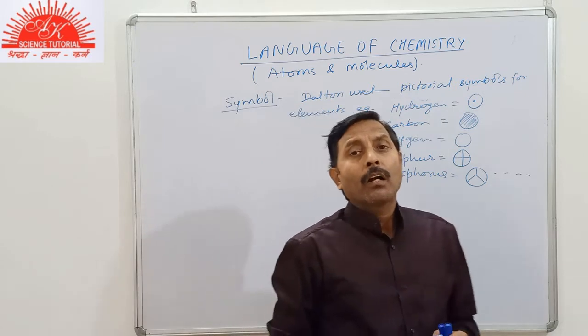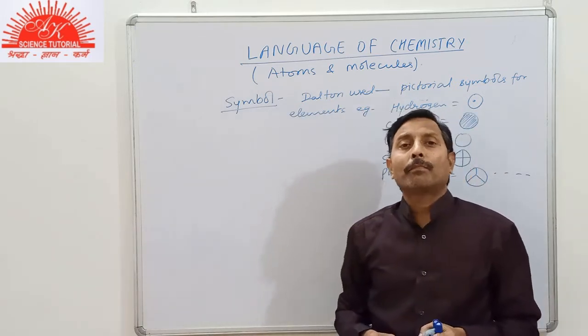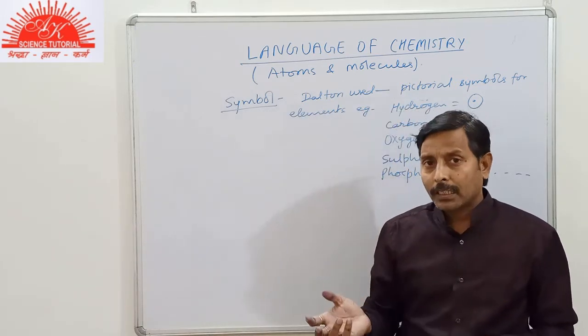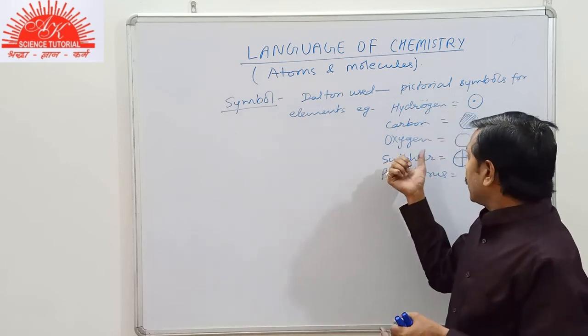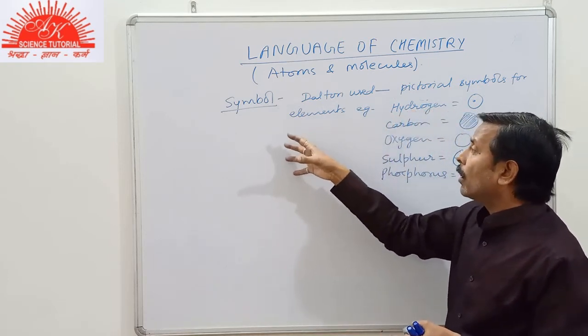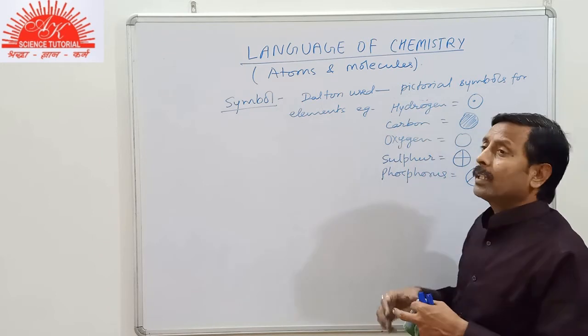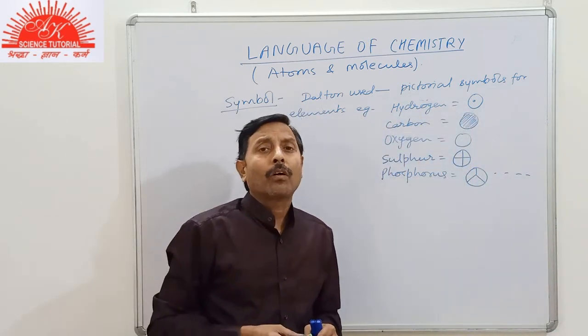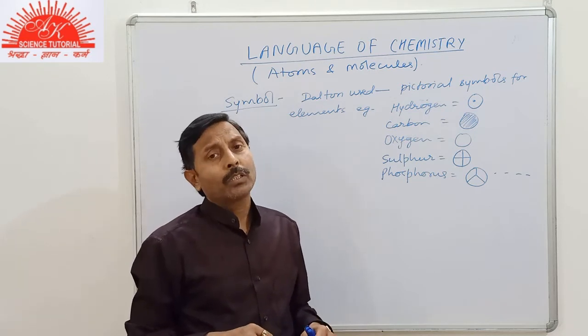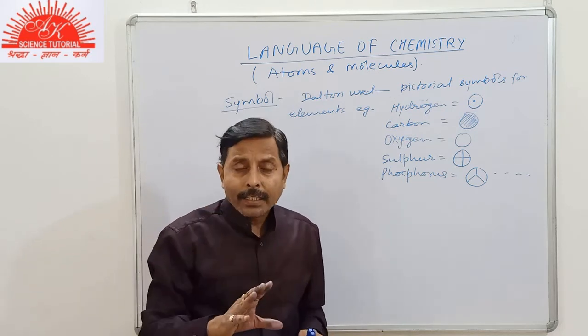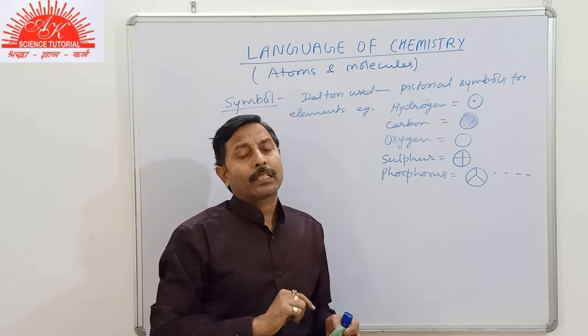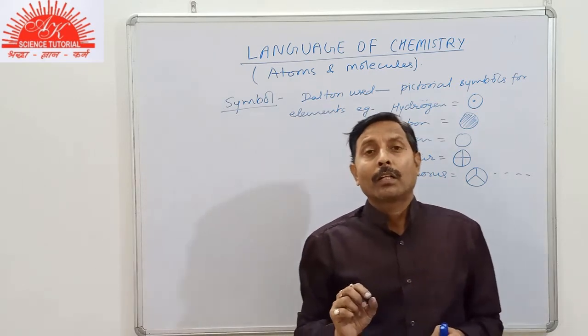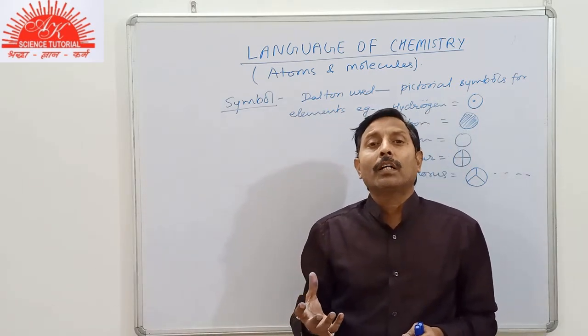But while writing the formula of a compound or a chemical reaction, the representation using these symbols was quite a difficult thing. So later on, another method was used, by taking letters from the name of the element.